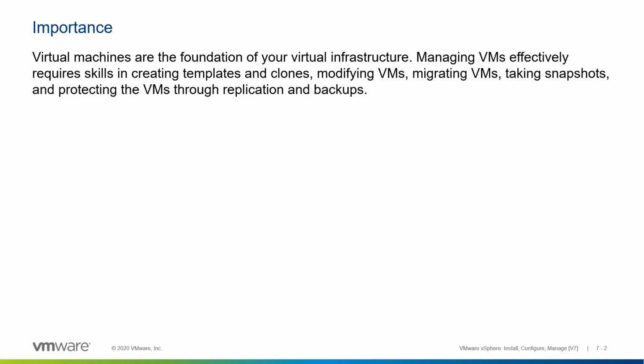So managing your VMs effectively requires great skill. Creating templates and cloning virtual machines, modifying virtual machines, migrating them, taking snapshots, and protecting the VMs through replication and backups. Some of this will require us to link together into a supergroup.